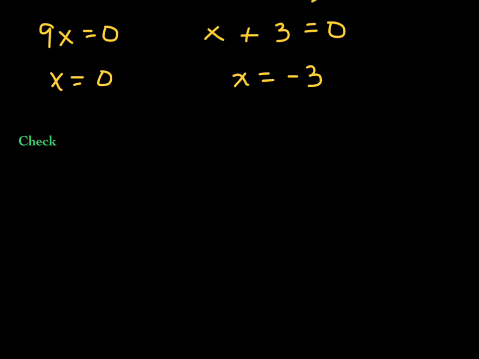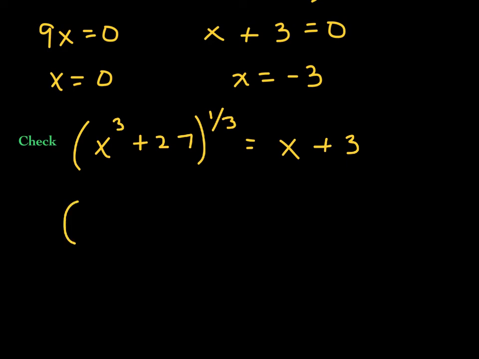All right, the original equation said x cubed plus 27 raised to the power of 1/3. 1/3. Okay, a lot better. Is equal to x plus 3. Now what I'm going to do is I'm going to substitute in 0 first, okay? So then you'll have 0 cubed, right?